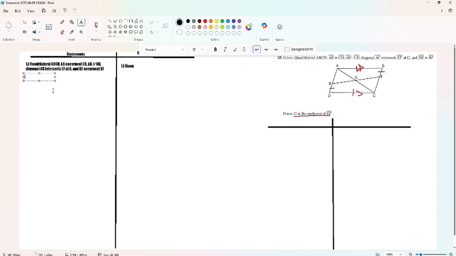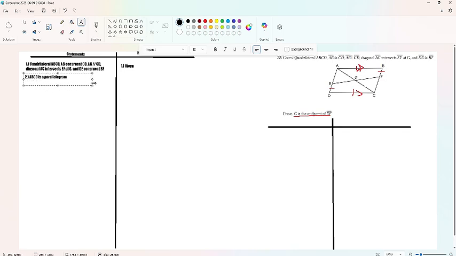So students, I want you to figure out what the first steps are. Now take a second. If you said we can prove parallel, you're right. ABCD is a parallelogram.